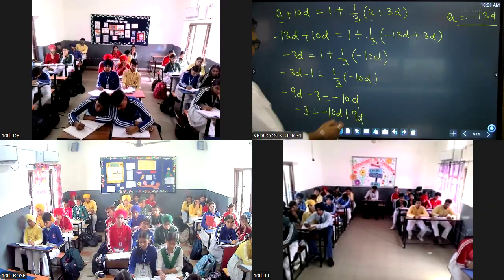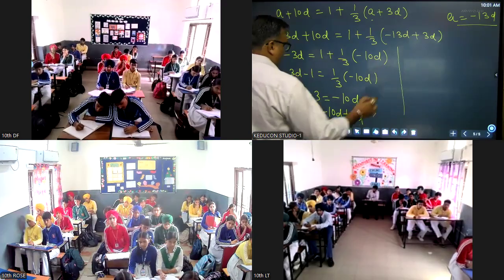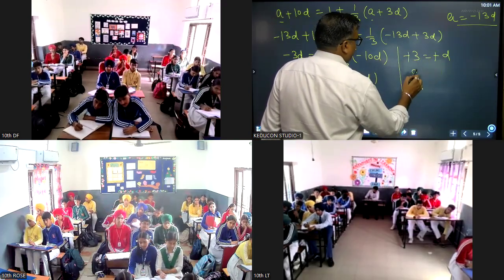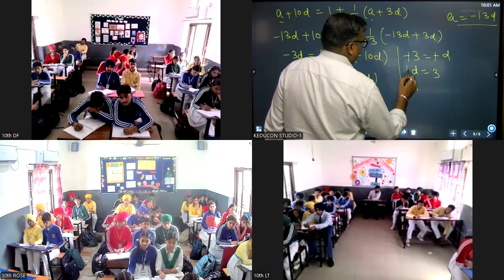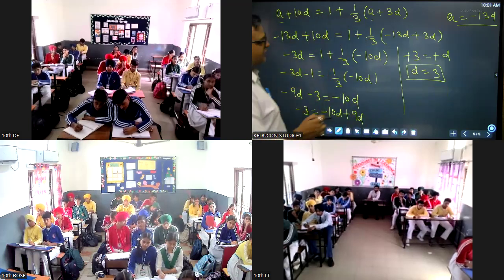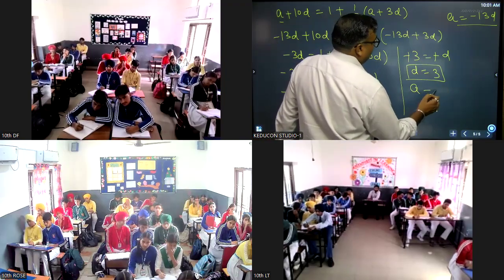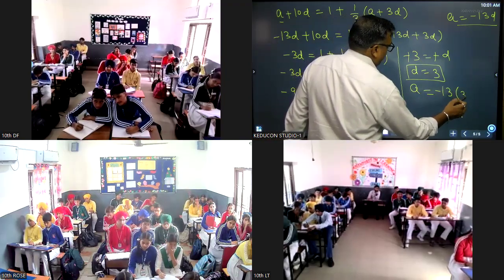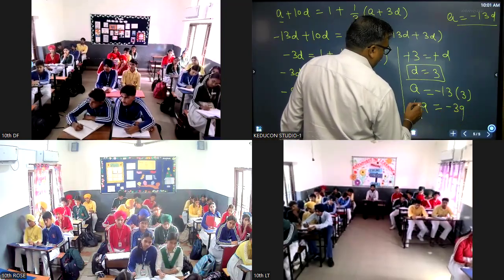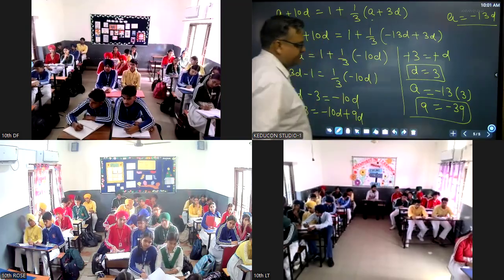So what did we get? Minus 3 is equal to minus D, which means the value of D is 3. Put the value of D: A will be equal to minus 13 into 3, that is minus 39. So we have got the value of A as well as D, right?